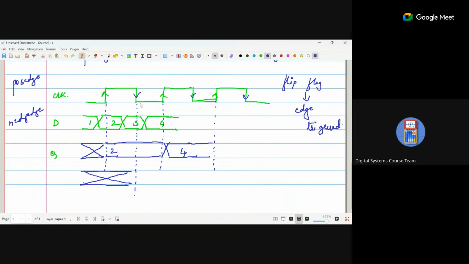After this negative trigger, whatever is present in D will come out. At that point 3 is present, and that will remain till the next negative trigger. So that is how your positive trigger and negative trigger will work.